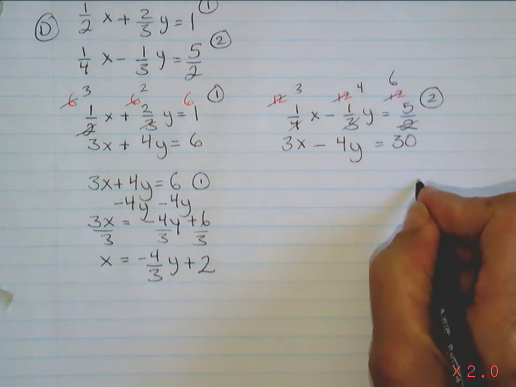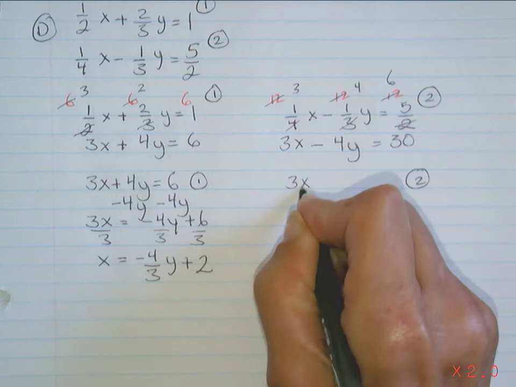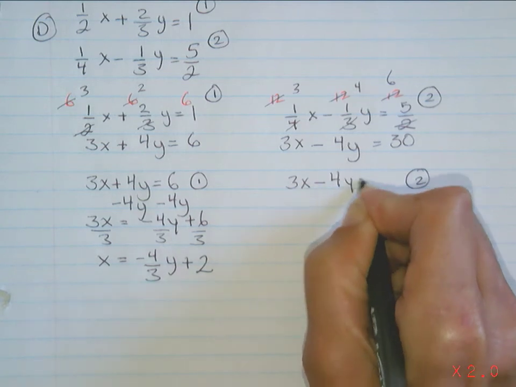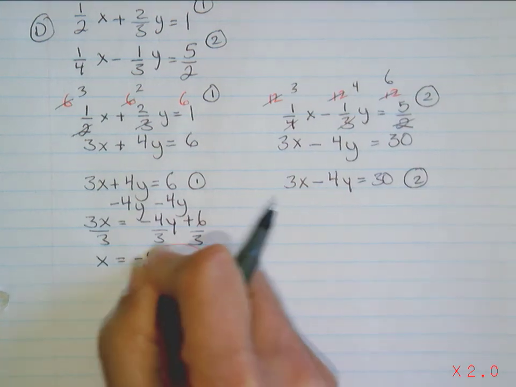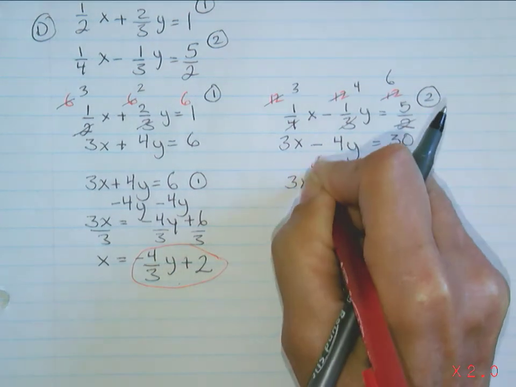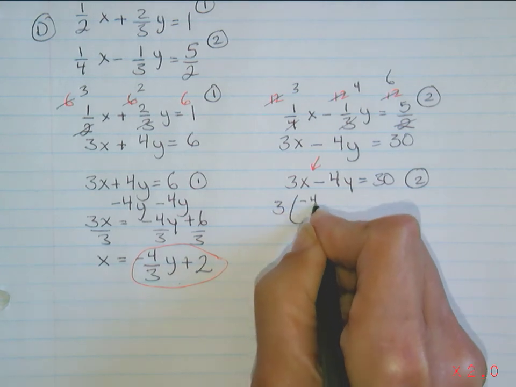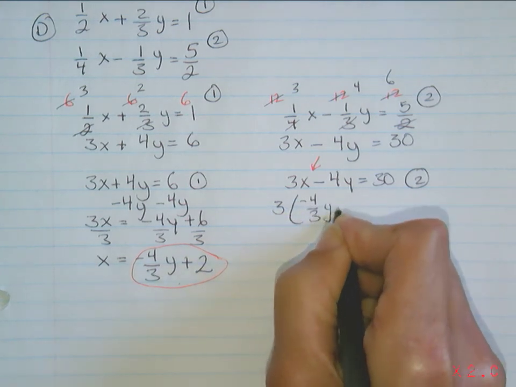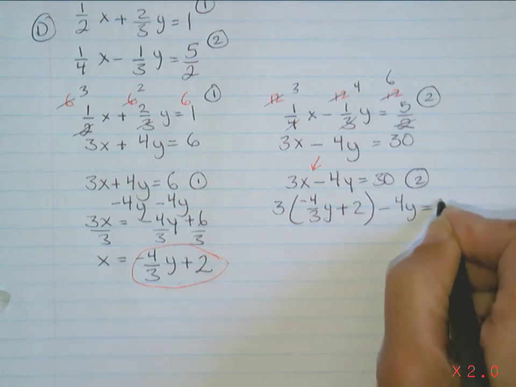I'm going to take the second equation, which now, because we cleaned it up, is 3x minus 4y equal to 30. And I'm going to substitute in what we believe x is. And I end up with 3 times negative 4 over 3y plus 2 minus 4y equals 30.